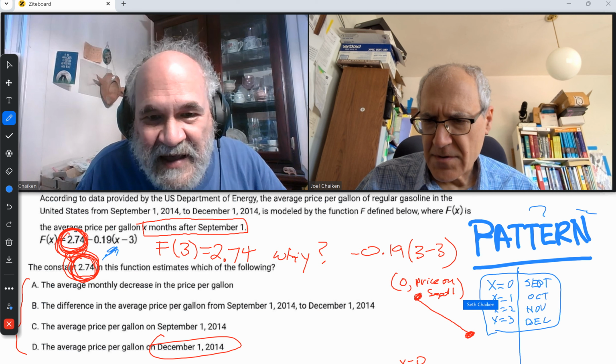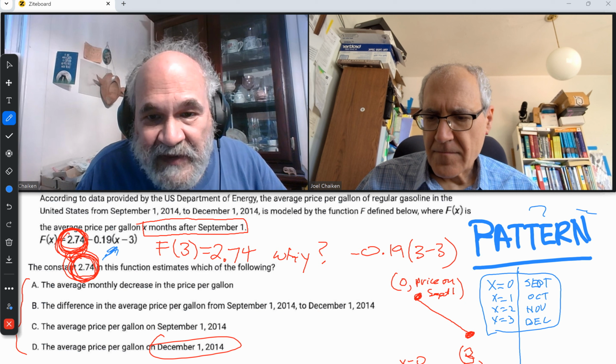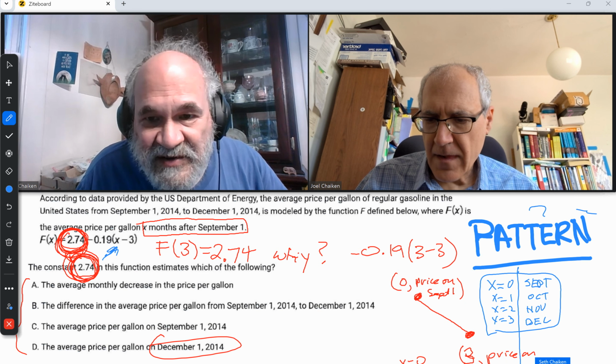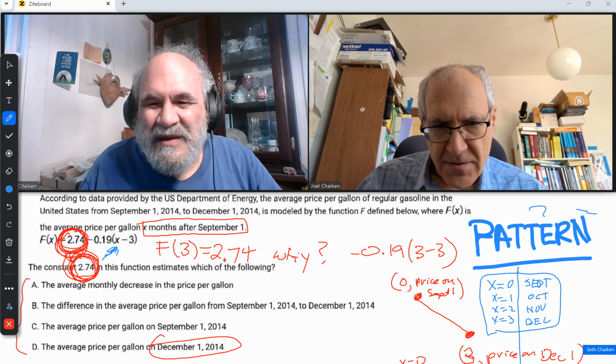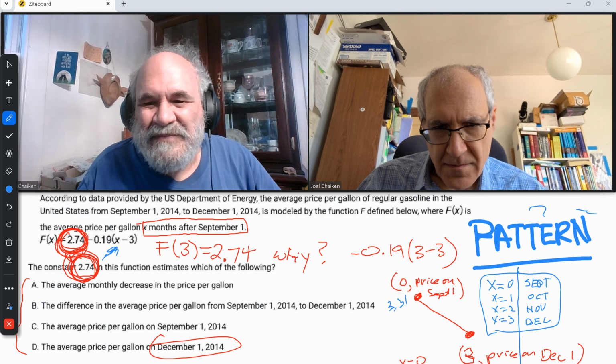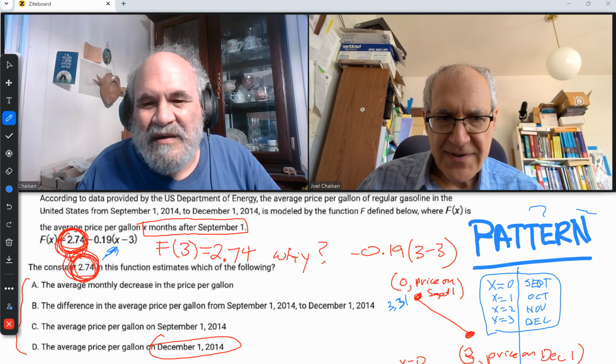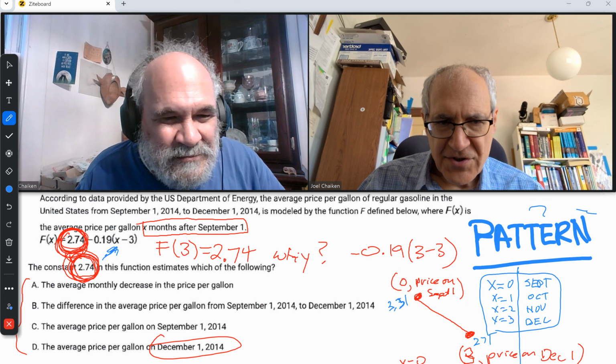It's interpolating between that and x equals 3, and the price on December 1st. So this is actually 3.31. It starts out at $3.31 a gallon and goes down to $2.74.